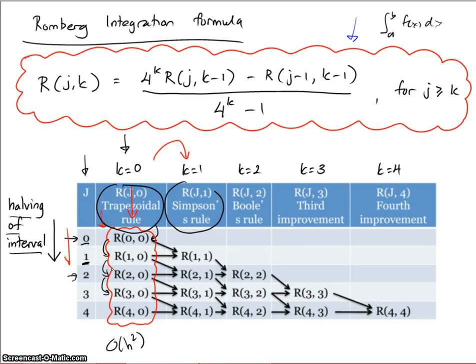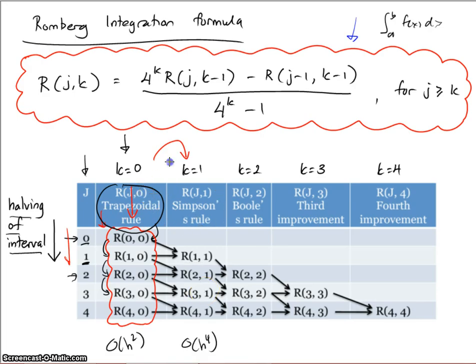We already know that the accuracy here is of order h squared. When we move to the Simpson's rule column, what it means is that the accuracy that you get from these solutions is of order h^4. We know Simpson's rule has order of accuracy of h^4. So these solutions mean that you have a solution that has accuracy of order h^4, which is similar to the Simpson's rule.